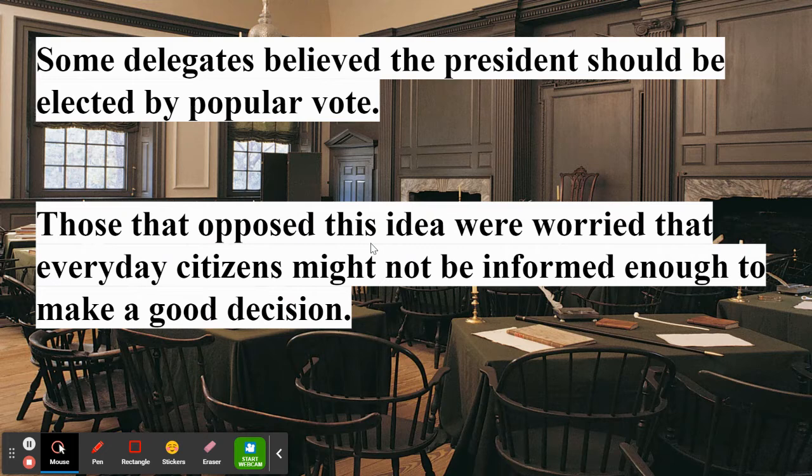Those that opposed this idea were worried that the everyday citizen might not be informed enough to make a good decision. They might be uneducated. Because the country was large, they might not have heard about the candidates. And so they were worried that the right person would not become president.